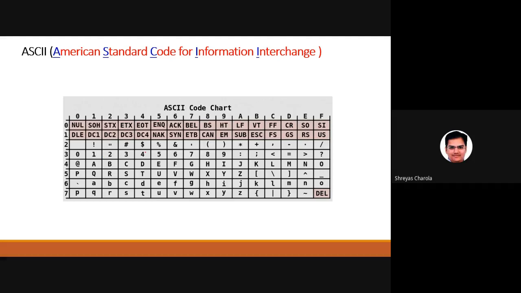Now look at this. Let's suppose you have pressed the key K. How many bits are required to represent 0 to F, and how many bits do you require to represent 0 to 7?